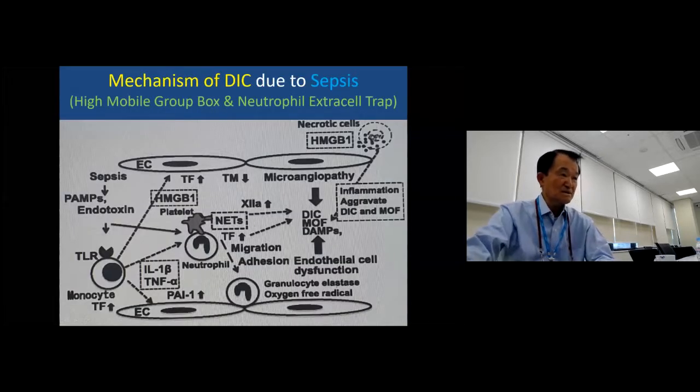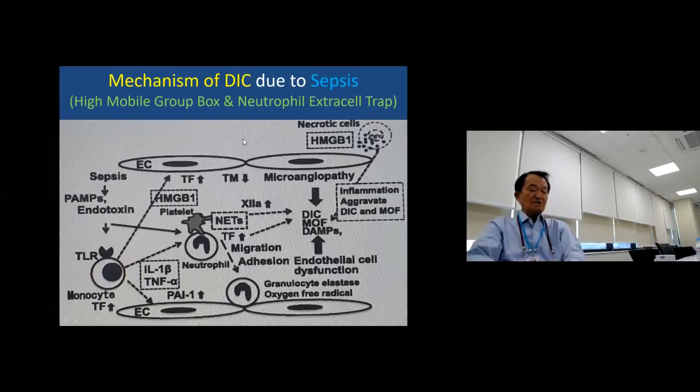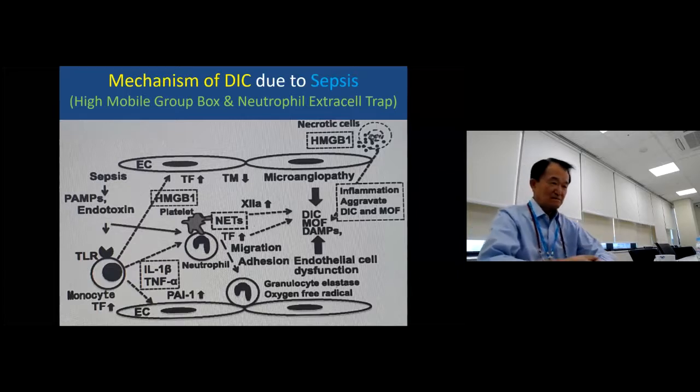Another complication: nowadays many patients, particularly cancer patients, die of disseminated intravascular thrombosis. That's the common last diagnosis.